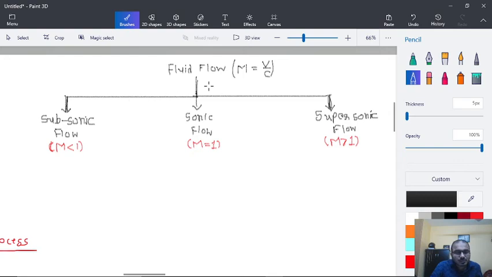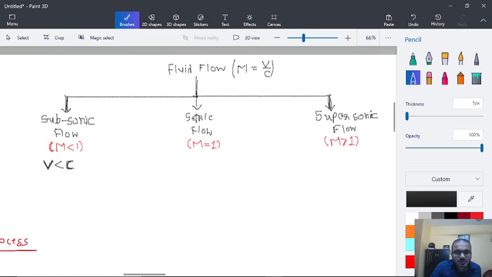So first let us discuss subsonic flow. In case of subsonic flow, the value of Mach number is less than 1, so velocity of fluid V is less than the velocity of sound in that fluid.